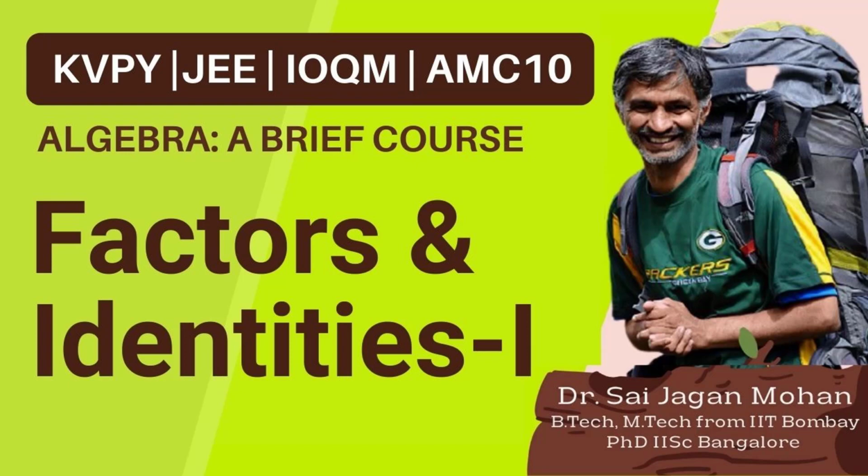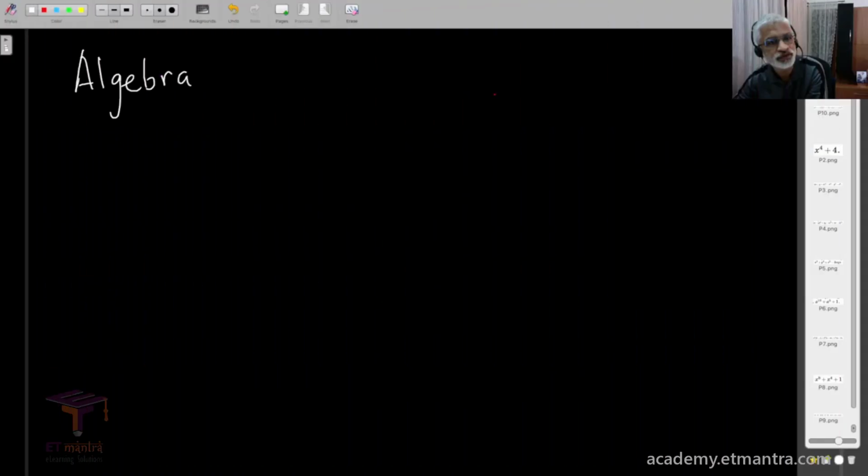Let's start very simple and look at a very few factorizations that are extremely useful and may be considered as the basic steps in all simplifications in algebra. So, we all know that most often when we deal with algebra, we are looking to simplify, and that almost always means factorization.